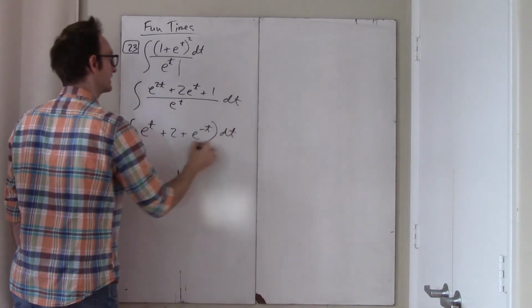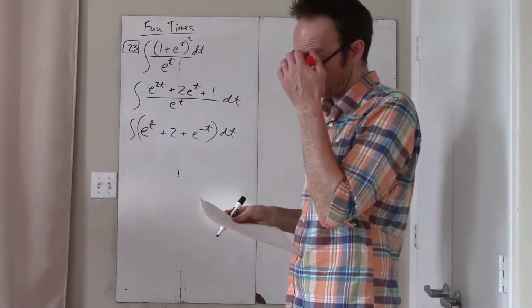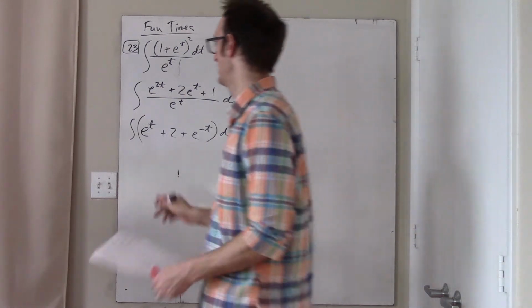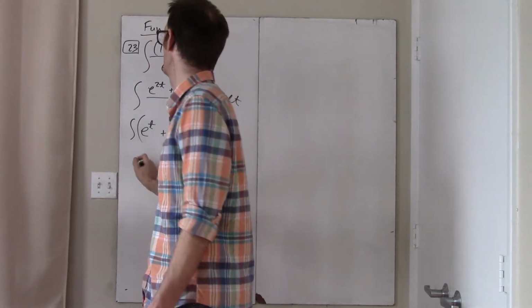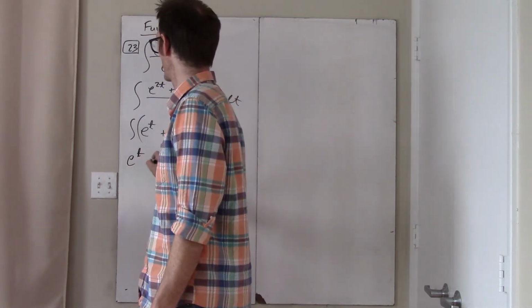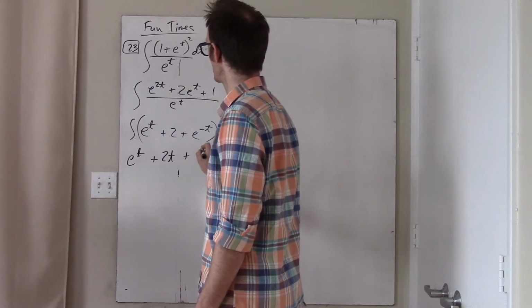Now, the antiderivative of e to the t is just e to the t, and the antiderivative of 2 is just 2t. And now I just have this last piece to do.